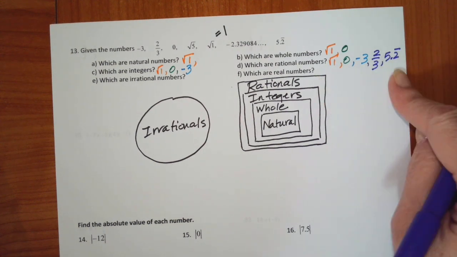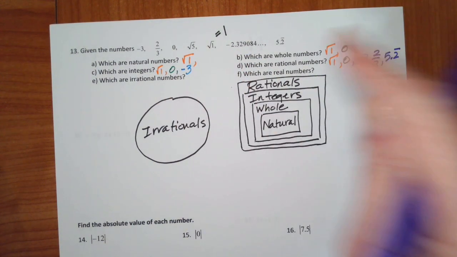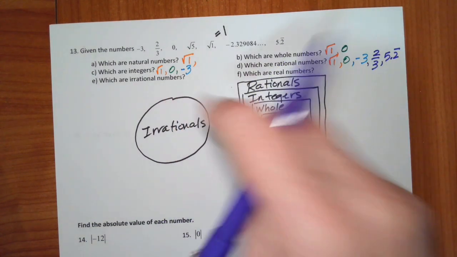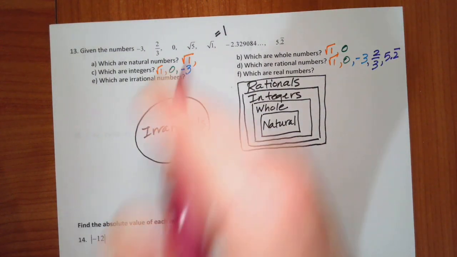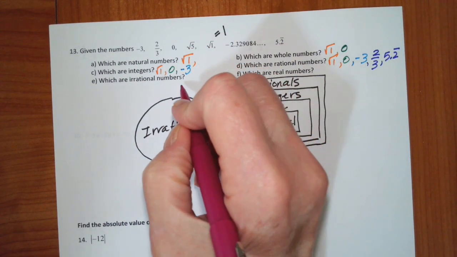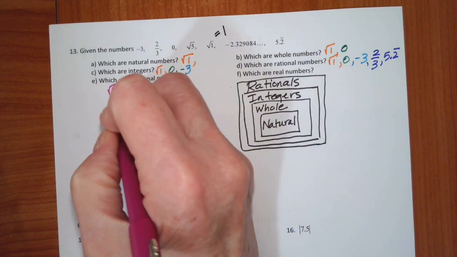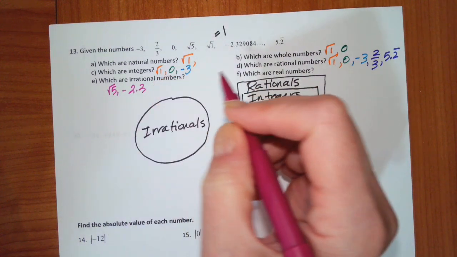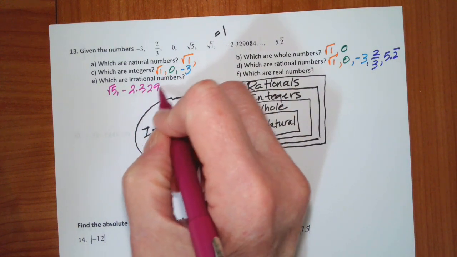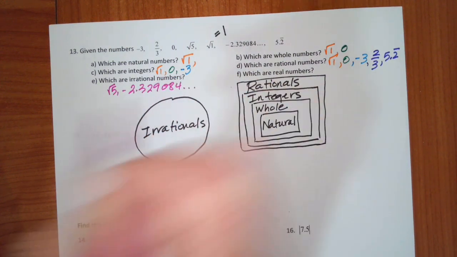Okay. Now once you know the rationals, the irrationals are everything else. So the irrational numbers are the ones that I haven't included so far, which is the square root of 5 and -2.329084 on forever.